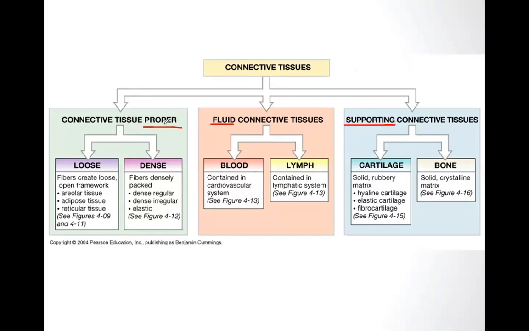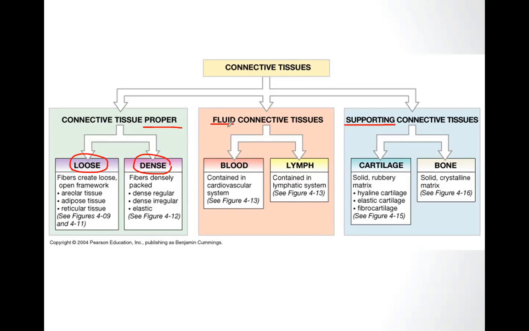If it's proper, it can have lots and lots of protein fibers or very little to no protein fibers. So if I have very little to no protein fibers, I call them what? Loose connective tissue. And if they have lots and lots of protein fibers, they're called dense connective tissue.